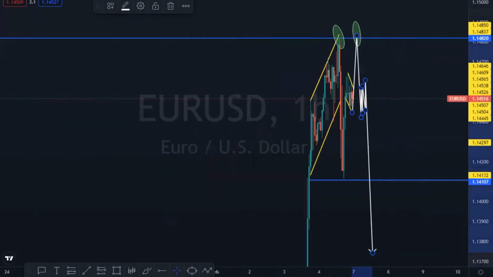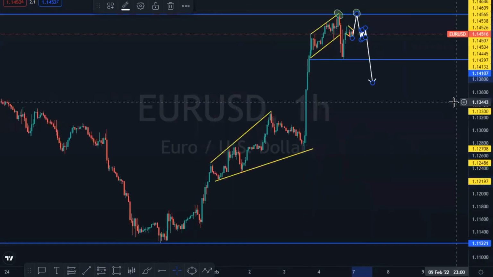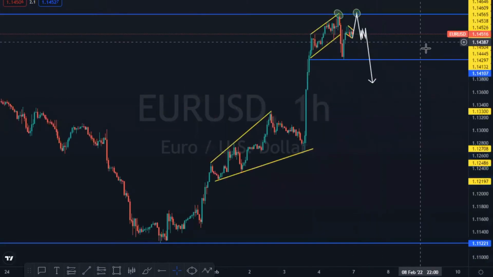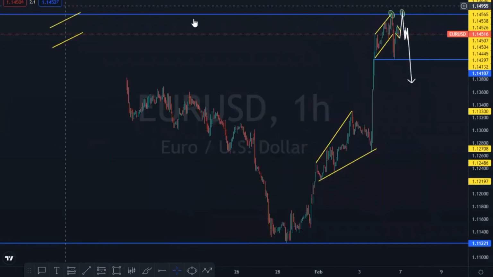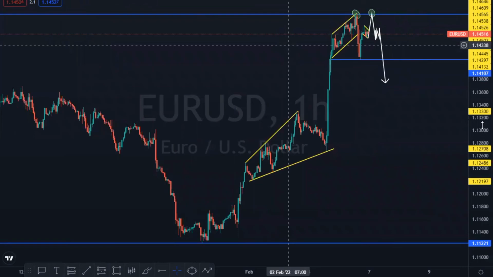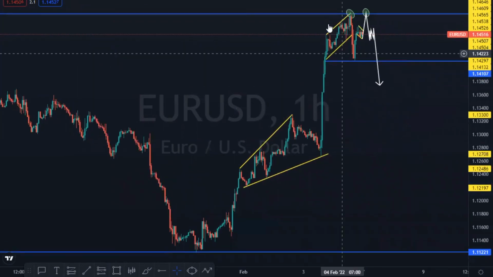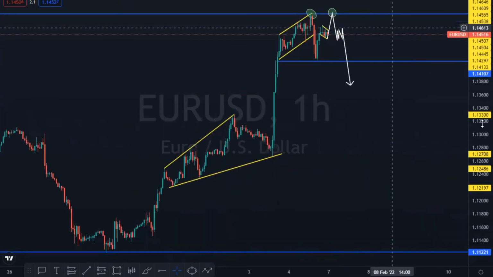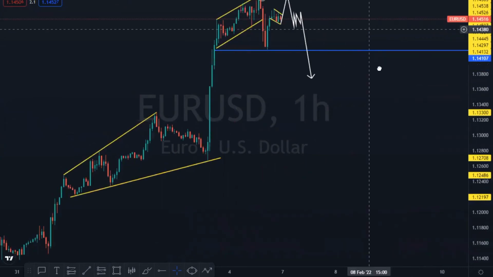Coming down to the 1 hour time frame, it will be confirming our setup, because we are seeing a double top on the larger time frame, and then coming down to a smaller time frame, we could also be forming a double top on this side. For now, it is just a matter of patience, guys.